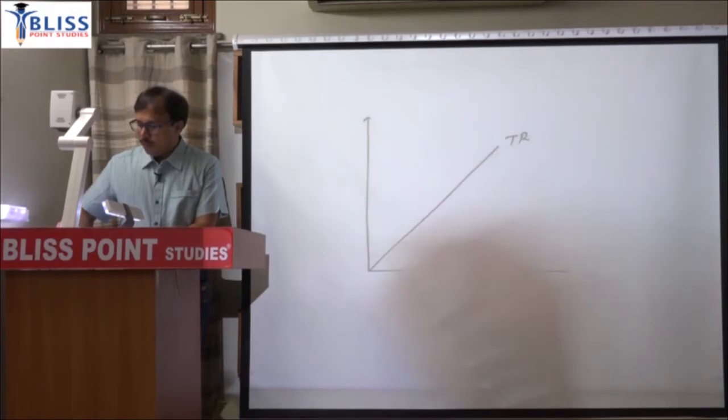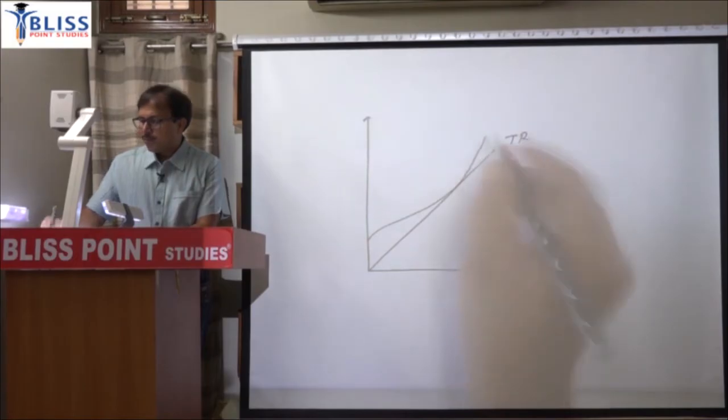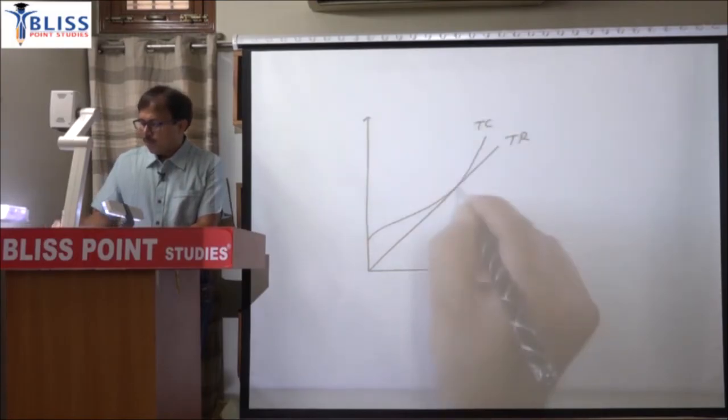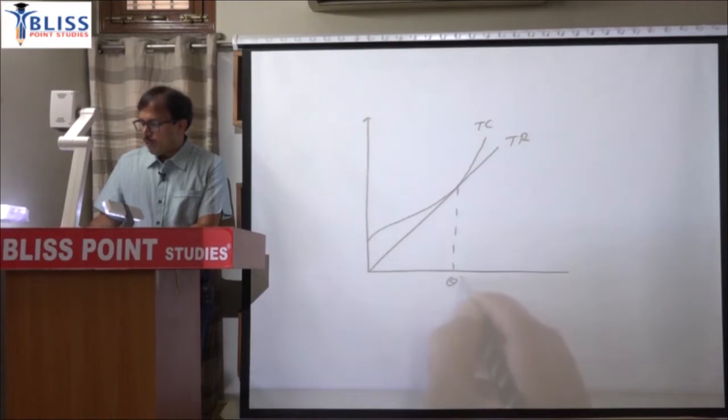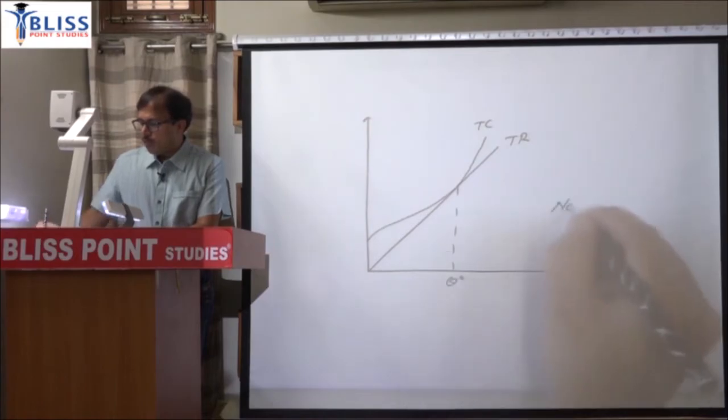This is the total revenue line, and now you have to keep that total cost line just tangent. So this is the quantity where the firm is having just normal profit, or there is a break even.